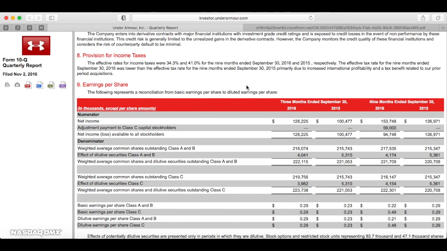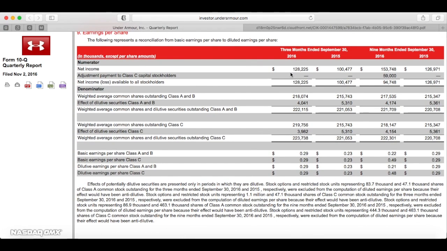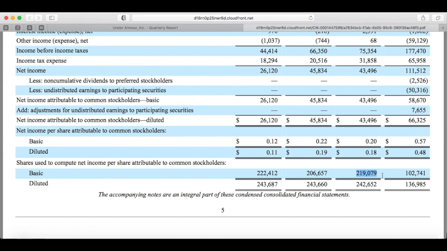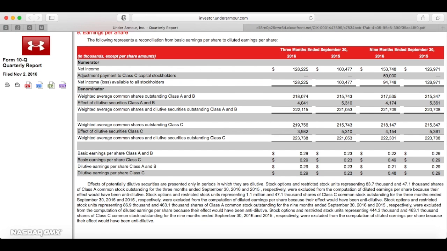Earnings per share. So we're coming down here to this line. Again, we're pulling in these net income numbers that we got from the income statement. And now it's showing you the denominator, which is the number of shares outstanding. And so, again, I showed you Fitbit over here. They're growing their number of shares at a rapid pace. Under Armour, not as much.